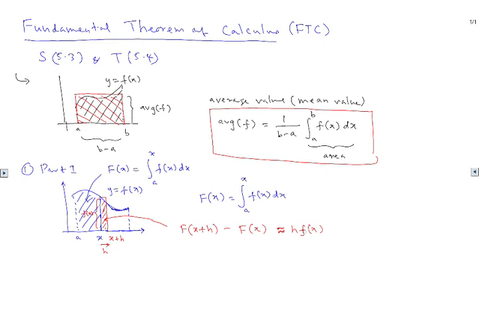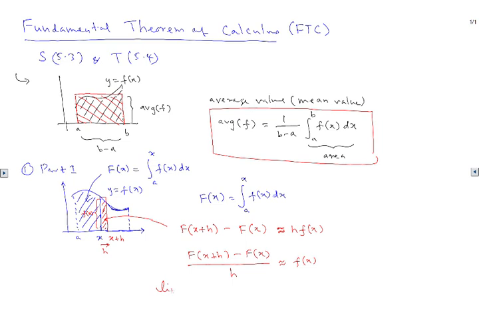Now I'm going to do some algebra. I'm going to divide both sides by h. Then you get this is approximately equal to f(x). Now I'm going to take the limit when h goes to 0.